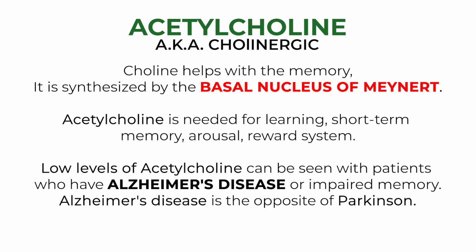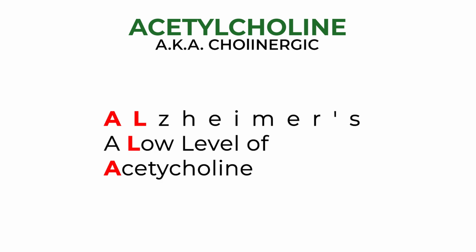You take the L in Alzheimer's disease and say a low. Then you take the A that is starting Alzheimer's disease. I will just say there's a low acetylcholine in Alzheimer's disease.